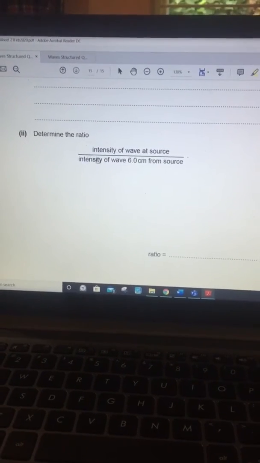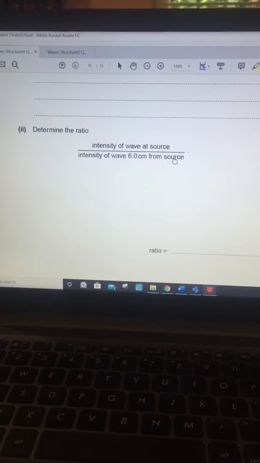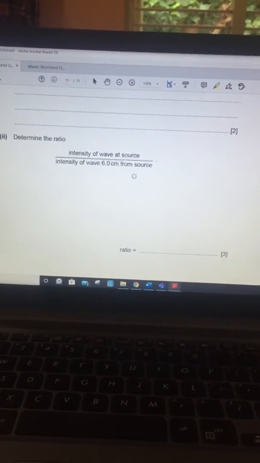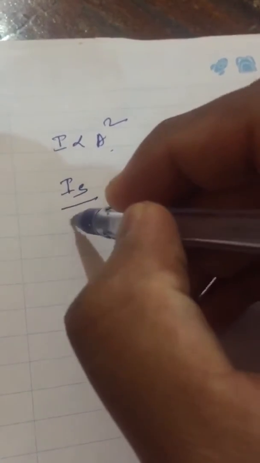And determine the ratio of the intensity of the wave at the source and the intensity of the wave at 6 centimeters from the source. So basically they are expecting you to use this equation, where we know that intensity is proportional to the square of the amplitude, which means I at the source over I at 6 centimeters would be equal to amplitude at the source squared over amplitude at 6 centimeters squared.